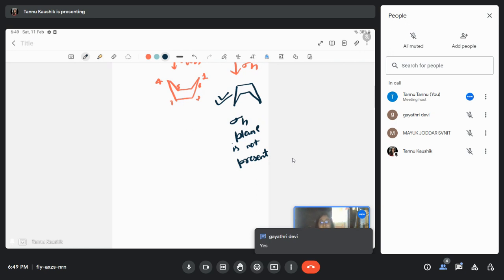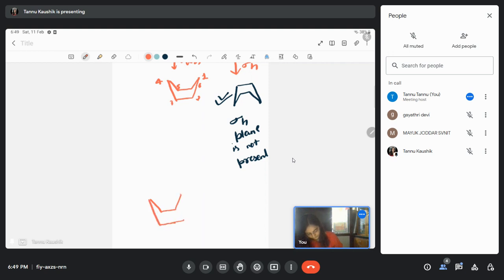No, I don't think it has an inversion center. See, this is the center of the molecule.